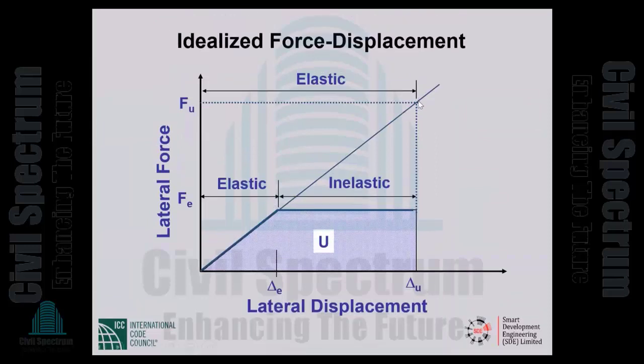It is not economically feasible to design a structure for this high force level where you will have no damage, elastic response. So we design for a much lower force level, which means that we allow inelastic deformations and damage in our structure. We would like the inelastic deformations to take place at preferred locations, not anywhere they like to happen. Secondly, we do not want the inelastic deformations to be such that the structure will collapse on us.